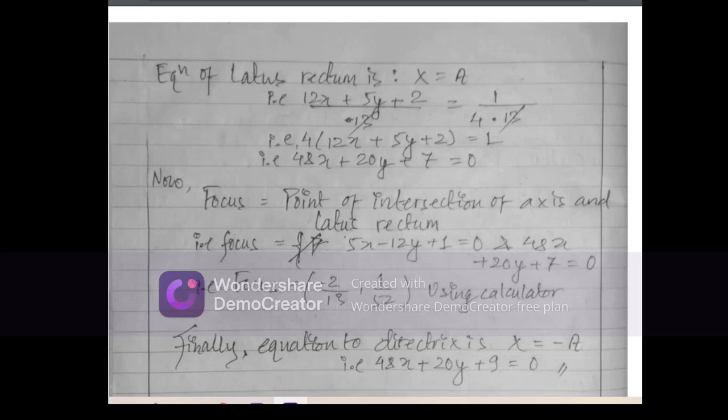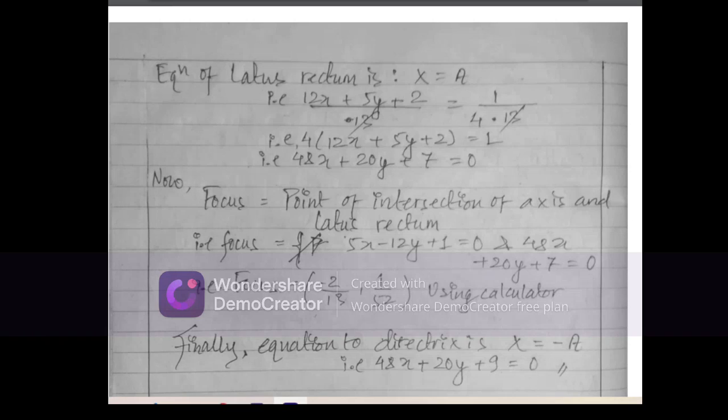Now for the equation of latus rectum, that is x equals a, whereas 12x plus 5y plus 2 by 13 equals 1 by 4 into 13. It comes from the form mx plus ly plus q by root under L square plus m square equals 1 by 4 into 1 by root under L square plus m square, as I have already discussed.